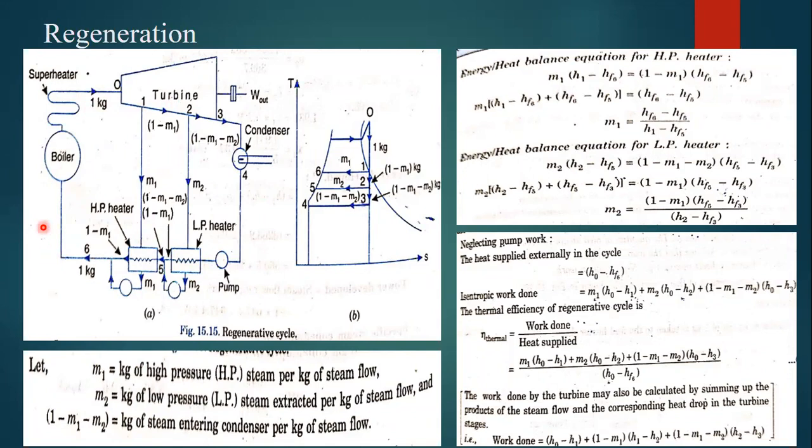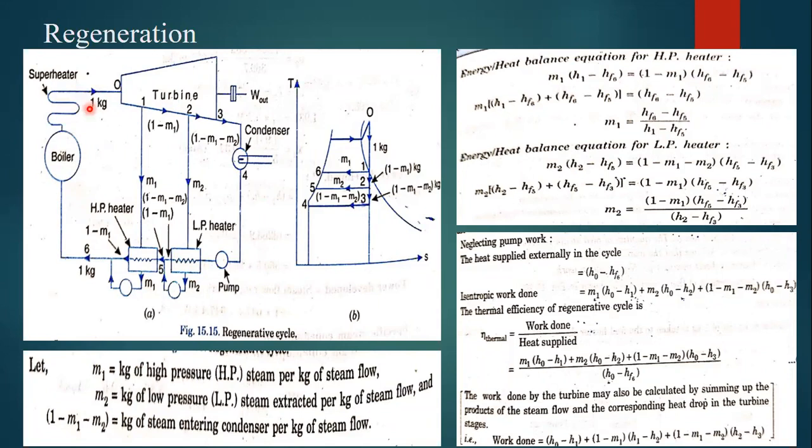Now I will go in depth. First of all, there will be a boiler as in the Rankine cycle, and we are going to use a superheater to achieve critical pressures and temperatures. Suppose at the boiler the pressure is 60 bar and the temperature is 400 degrees centigrade.